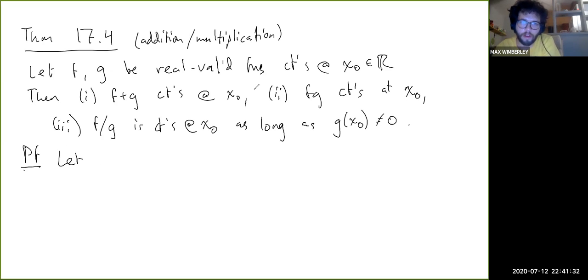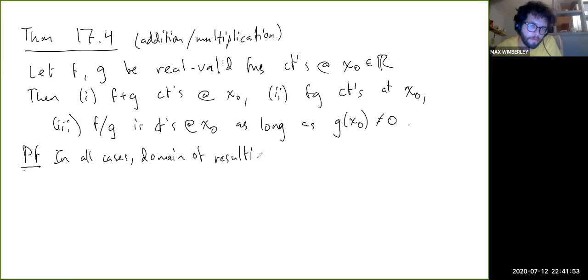So in all of these cases, the domain of f plus g, the domain of f times g, the domain of f over g is the intersection, right? The domain of the resulting function is the intersection of the domain of f and the domain of g, right?